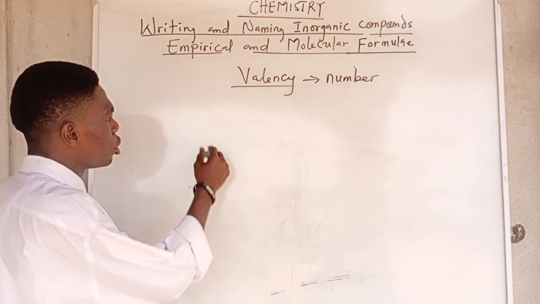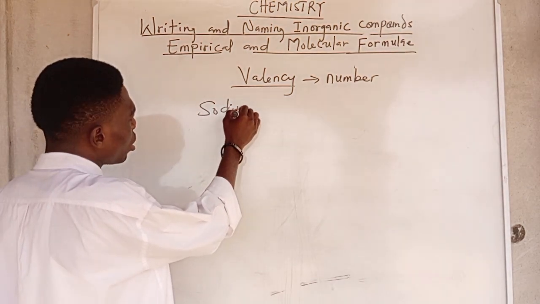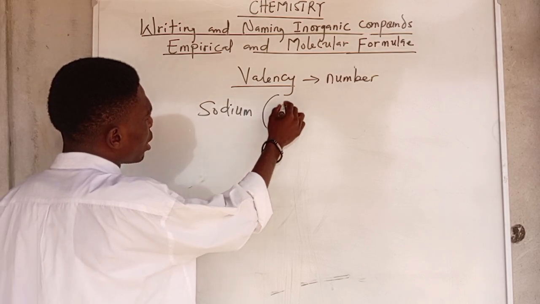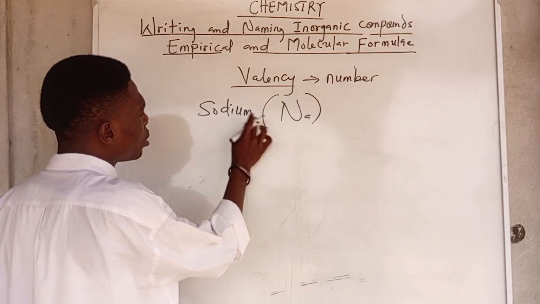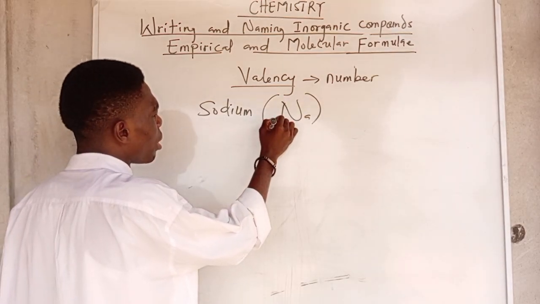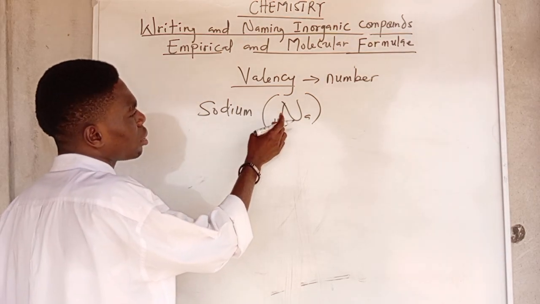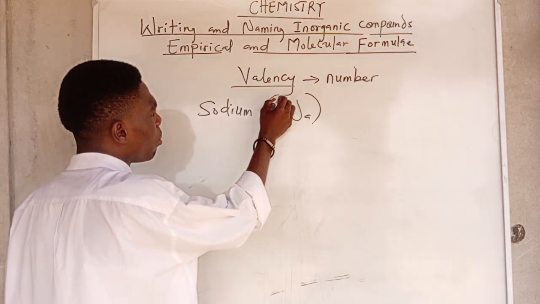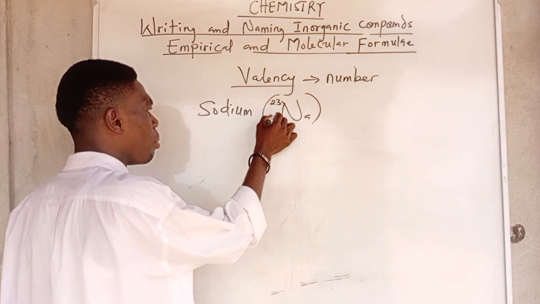Let's take for instance sodium. All right, sodium has the symbol Na. I know sodium is number 11. It has 11 protons. That's the atomic number. Mass number is 23. But we are after the atomic number here.